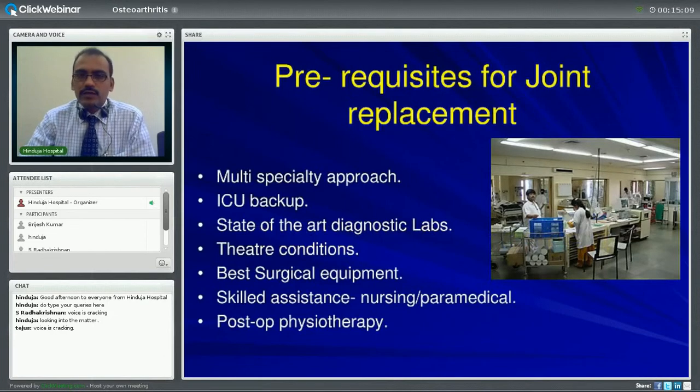What we require for joint replacement surgery is a good backup of hospital facilities like ICU. There should be other specialists available, other diagnostic modalities available, and skilled assistance as far as nursing and paramedical staff is concerned, as well as physiotherapy.